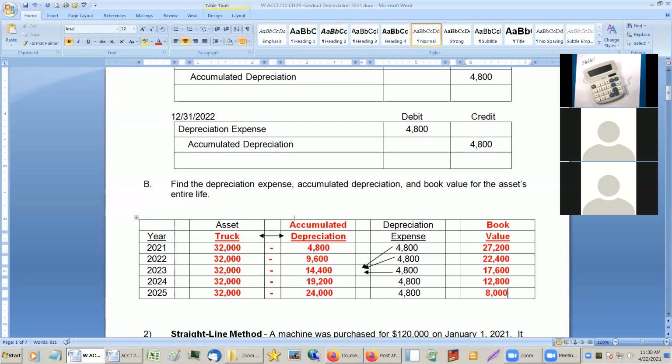So this is the amount that would be on the balance sheet. Let me write that.